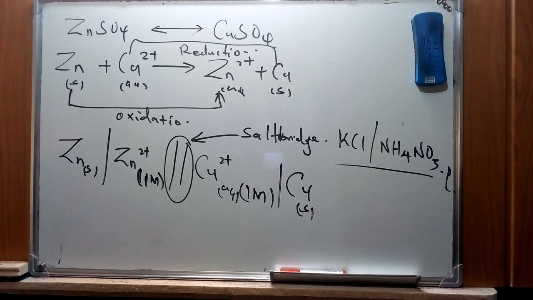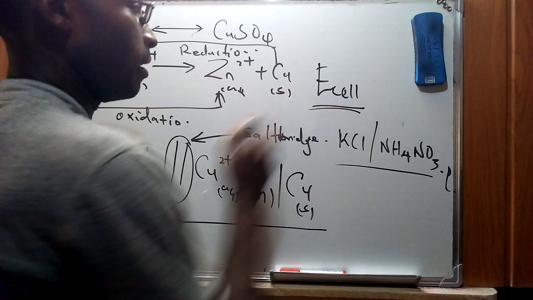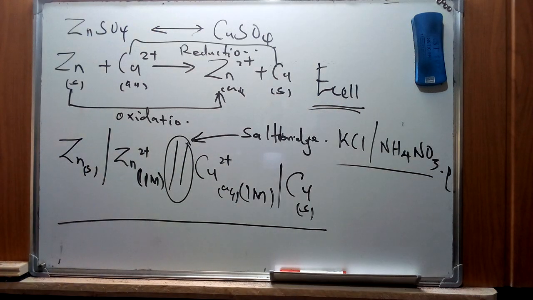And this salt bridge, as we have said, is joined between the two half cells, as we have illustrated. Now, maybe we are going to use different examples in order to illustrate how we can represent the cell that we have talked about in our discussion about the Nernst equation from this particular representation.